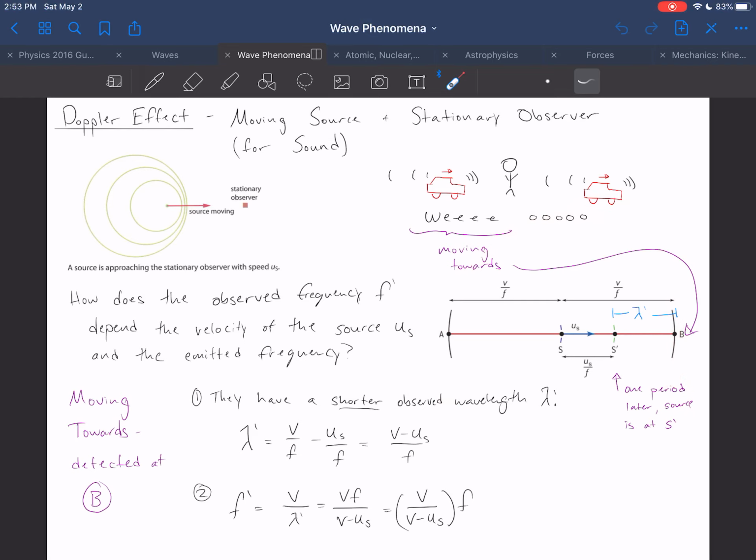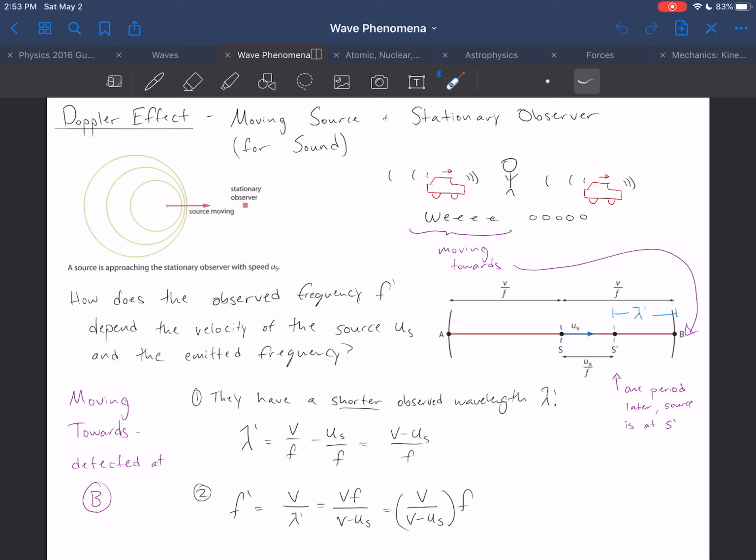A and B are where that wavefront ends up 1 period later, when the next wavefront is emitted. But that next wavefront is emitted at S prime over here. So that's what this diagram is showing us. The velocity of the source, u_s, is here.